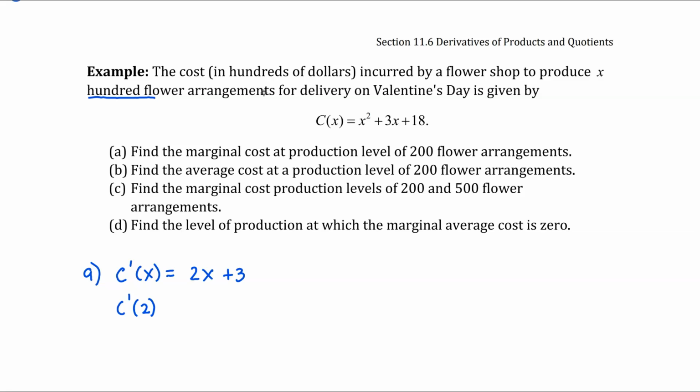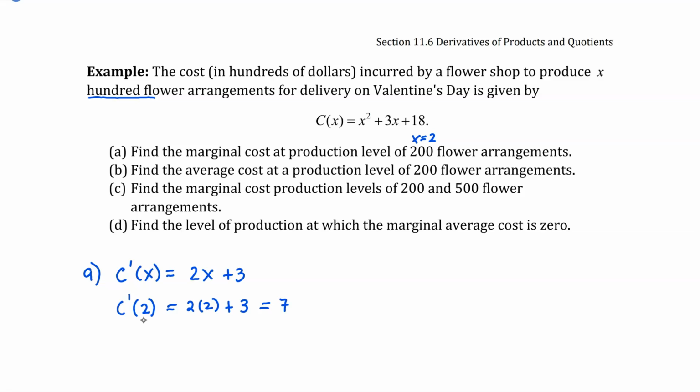So 200 means x is equal to 2. So evaluate the derivative of the cost function at x equals 2. So you have 2 times 2 plus 3. 2 times 2 is 4 plus 3 is 7.